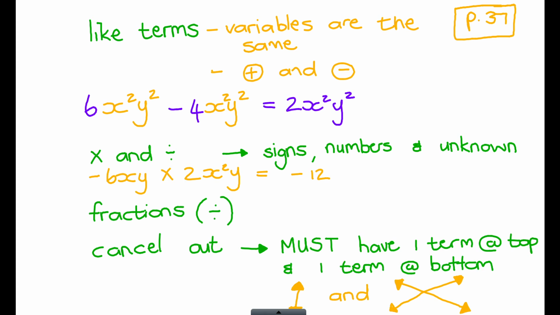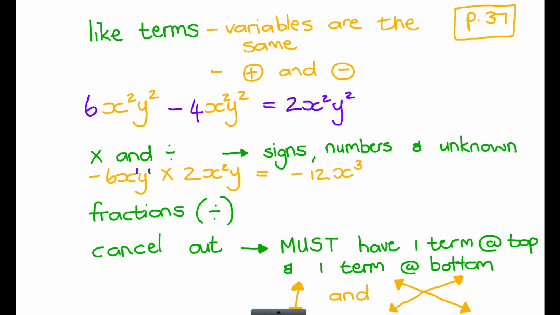Okay, now x times x squared is going to become x to the power of, when we multiply, base is the same. What do we do with exponents? We add them. So that's going to become to the power of 3. Because even though there was no exponent written here, it's actually to the power of 1 and to the power of 1. Do you remember that from last year?